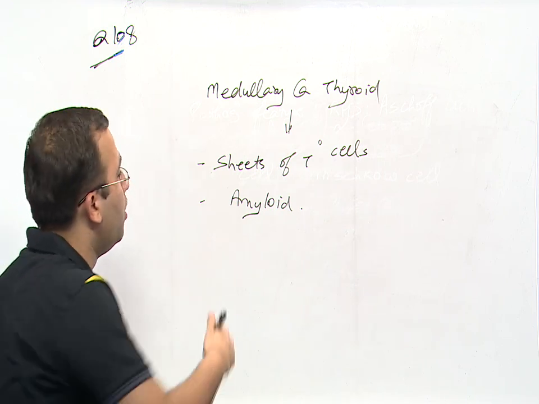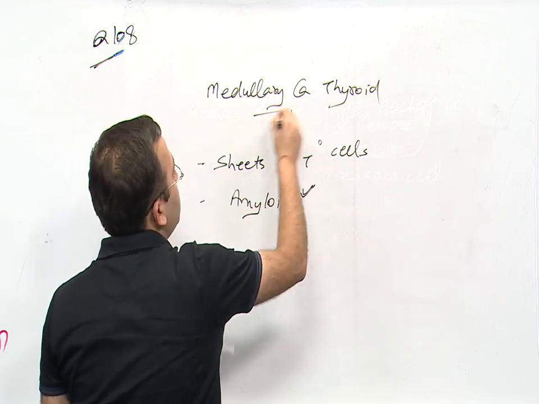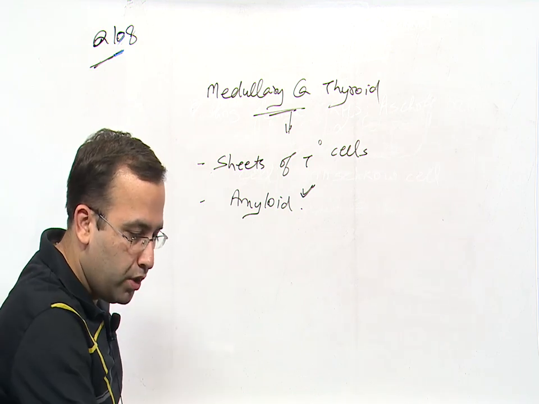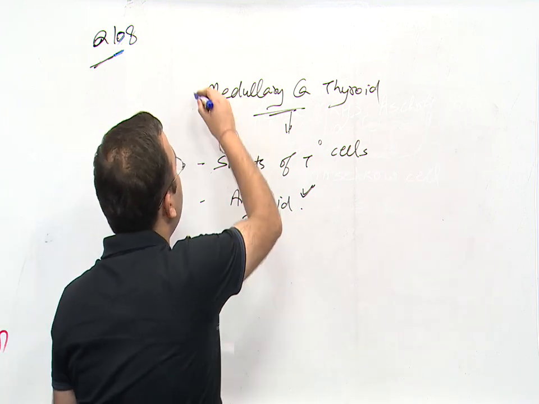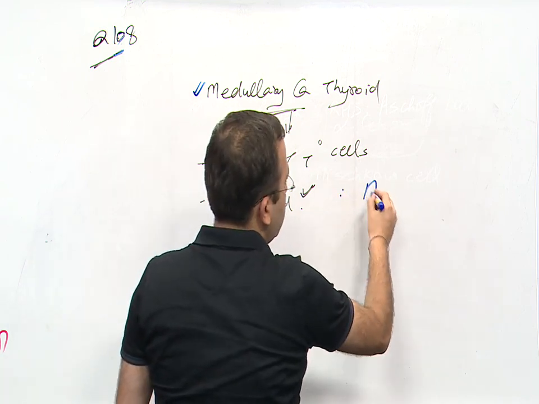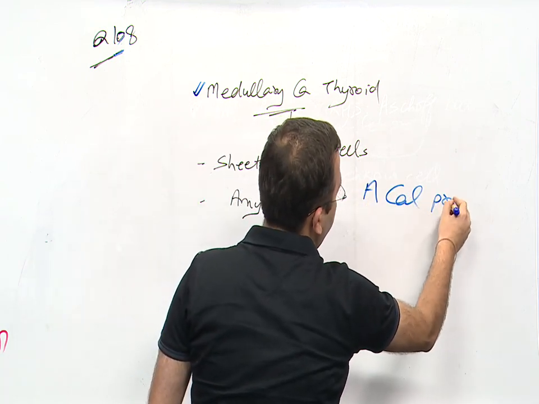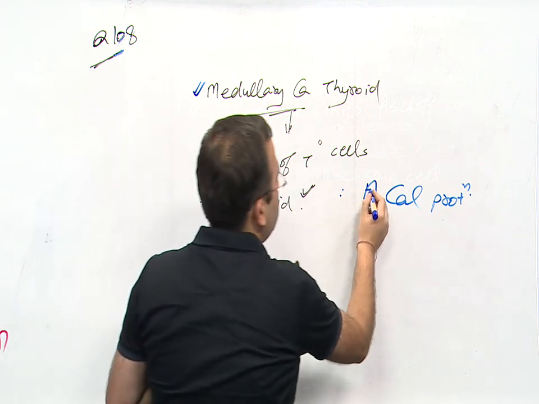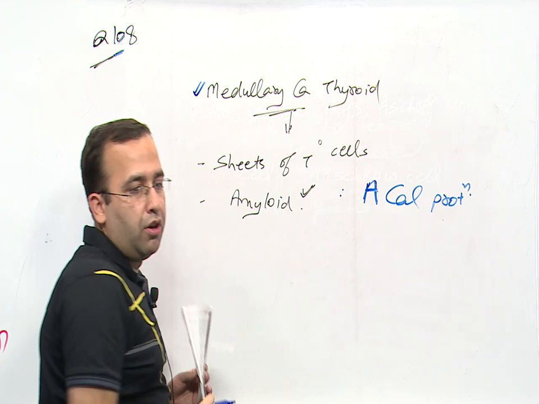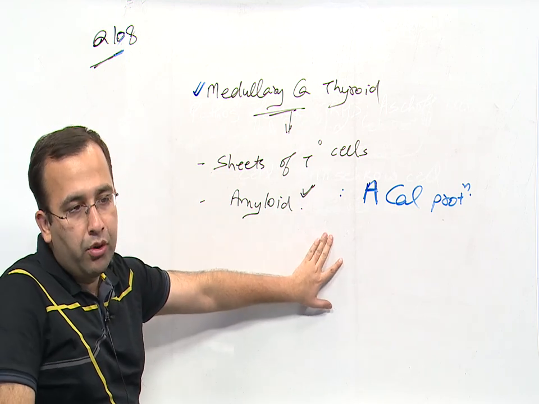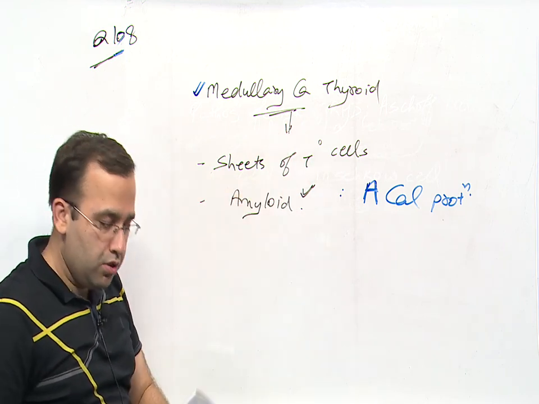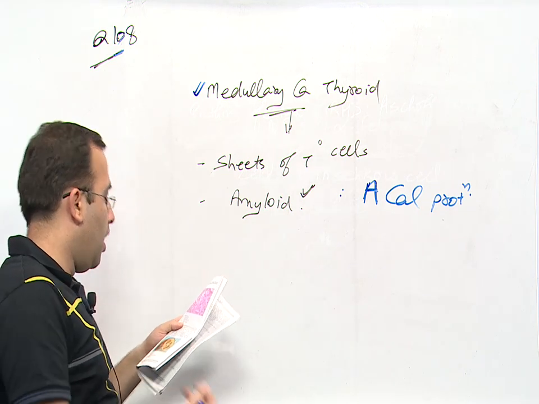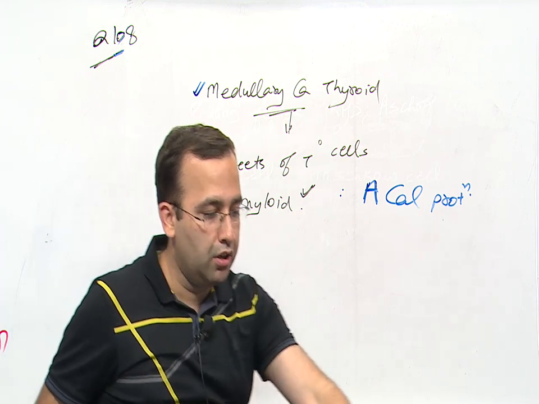You very well know amyloid deposition is seen in medullary carcinoma thyroid. Which protein is getting deposited? It is ACAL protein. Medullary carcinoma thyroid is associated with the deposition of ACAL protein.